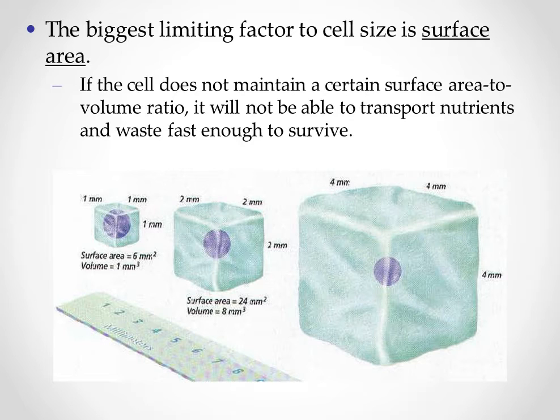The surface area to volume ratio actually decreases as size increases. When we go up from 1 millimeter to 2 millimeter to 4 millimeter, the 4 millimeter is too large. It will not be able to transport enough nutrients and or waste through that cell membrane at a fast enough rate to be efficient.